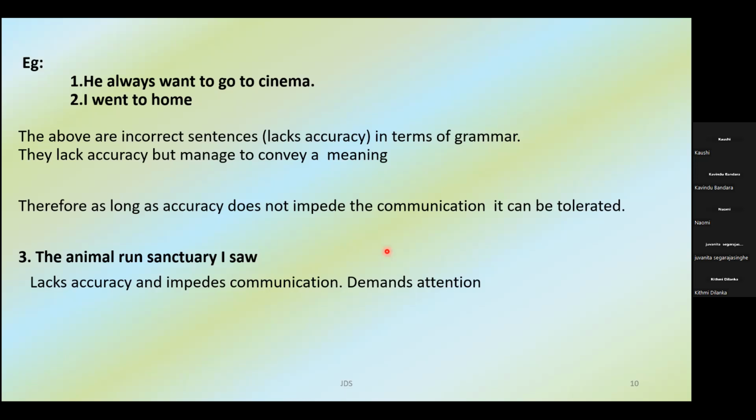If they distort the meaning, then of course attention should be paid to them, right? If not, you don't have to stop the child every now and then and ask him to correct. That will discourage him. It will not motivate him to go ahead with the act of communication.